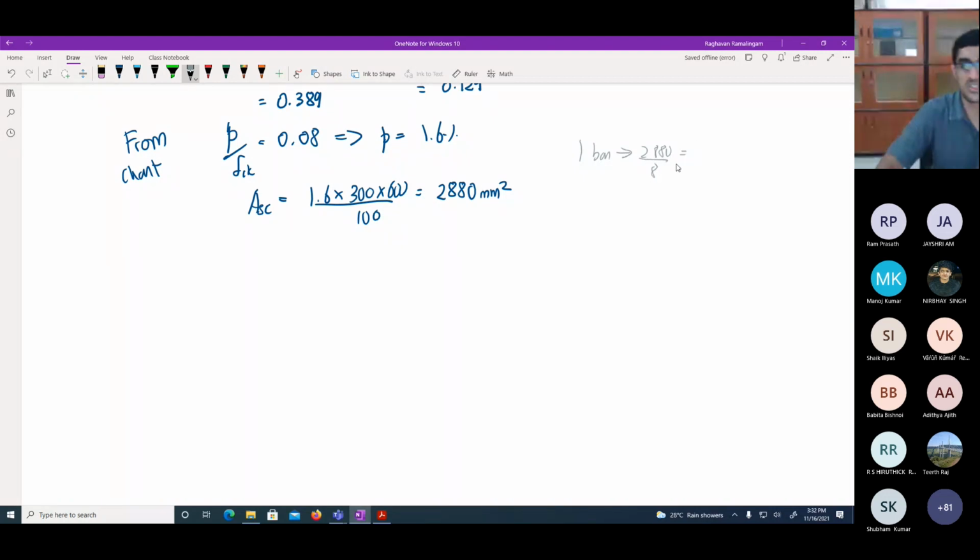How much is this? This will come about 360. So 360. What do we have? 20 mm diameter is 342. Which is 342, less than this.